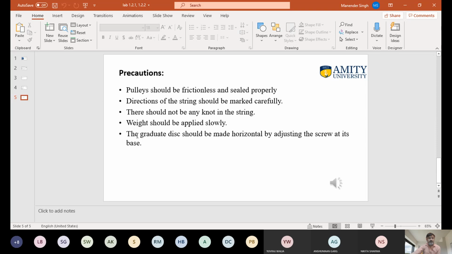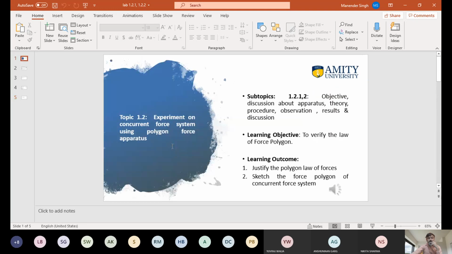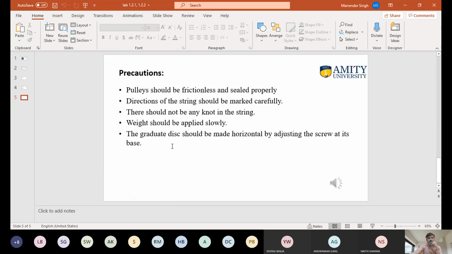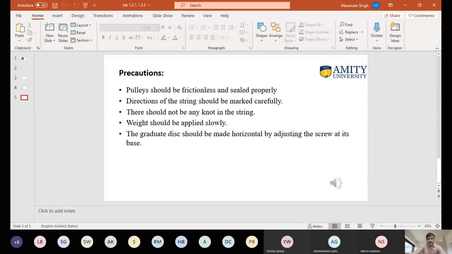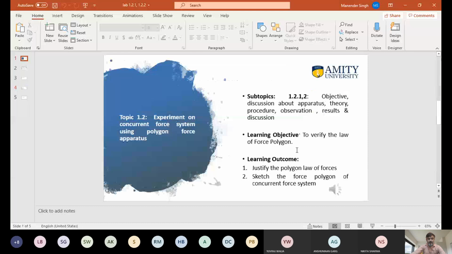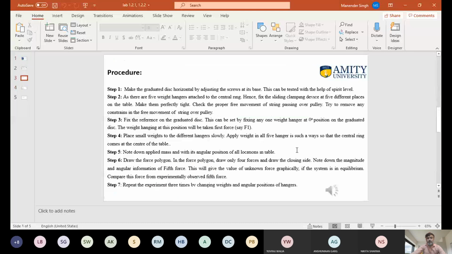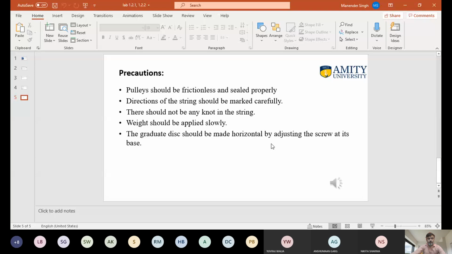The graduated disc should be made horizontal by adjusting the screw at its base. So this is the information about this experiment, and I will show you the video. Okay, you can ask me some questions after this.